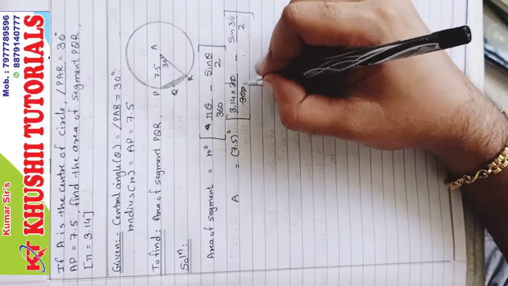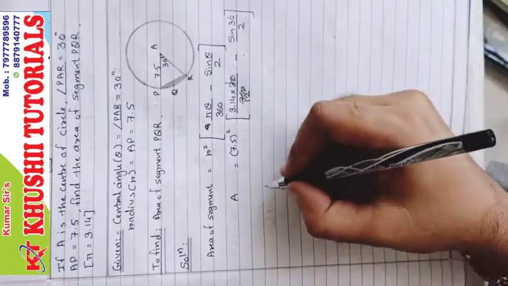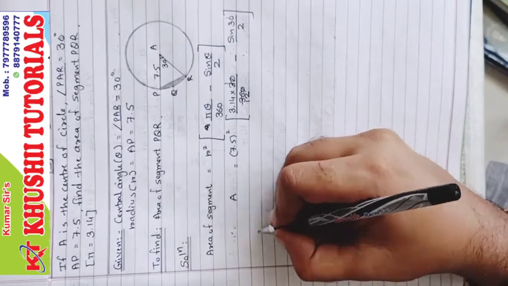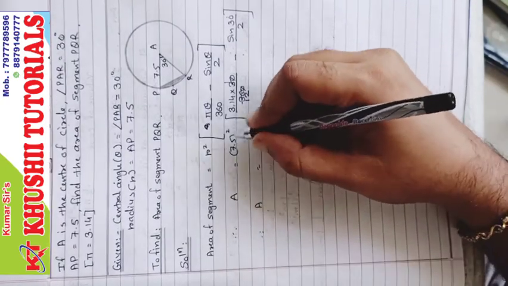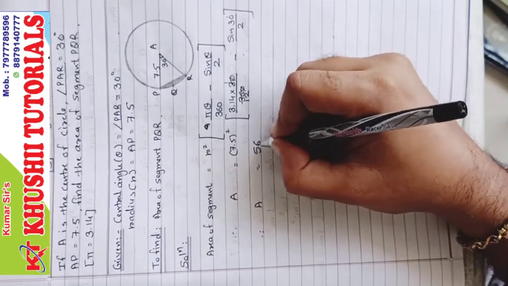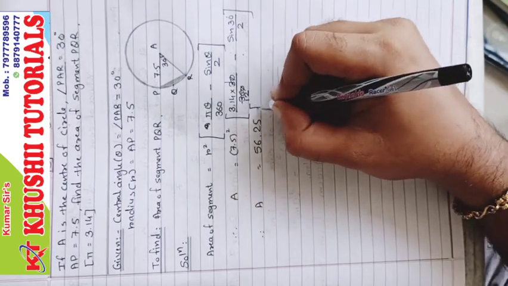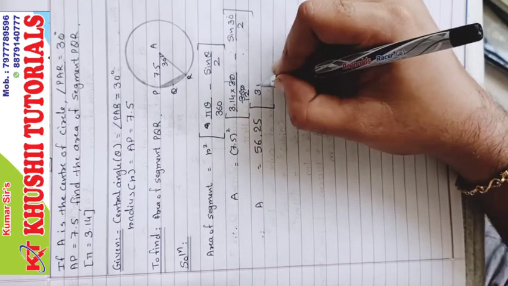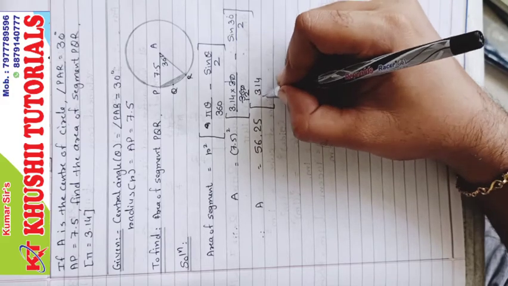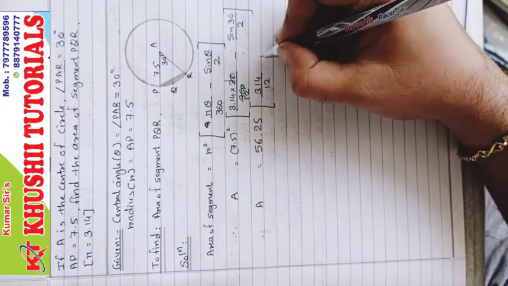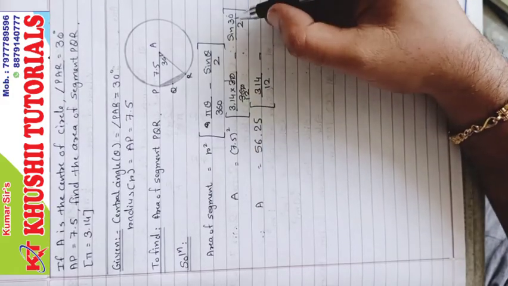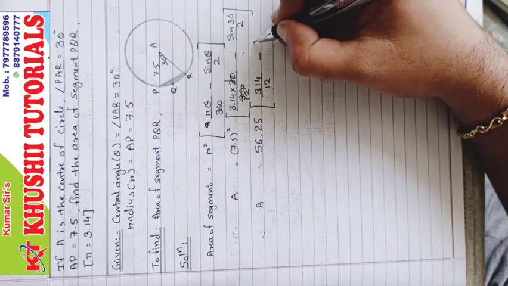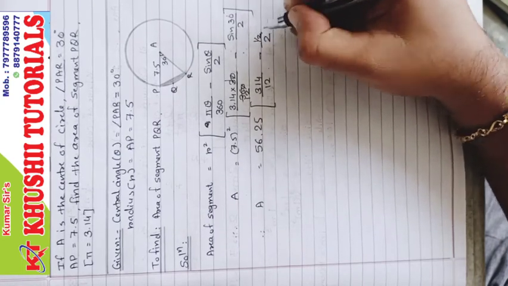3 1s are 3, 12s are. So area equal to 7.5 square is 56.25. 314 ones are 314. 3.14 upon 12 minus sine 30 is half. Sine 30 is half. Half upon 2.